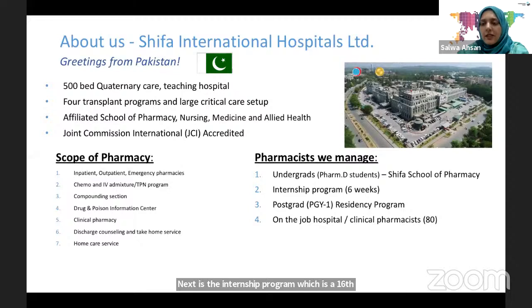And we usually take 8 to 10 interns in every batch. And then we have a 1 year residency program in hospital and clinical pharmacy, and they usually take 5 residents per year in this program. And then we have our own full-fledged on-the-job pharmacists, and they are 80 in number.